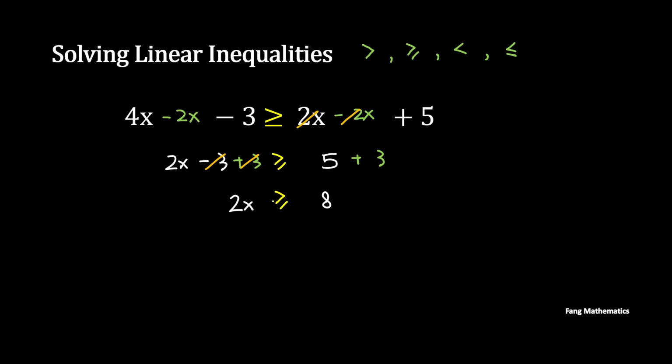The last step, we are to divide by 2 to remove the 2 here. On the left-hand side, I believe the 2 and 2 gets eliminated, leaving you x. On the right-hand side, you should get 4, and just keep the sign unchanged, greater than or equal to.